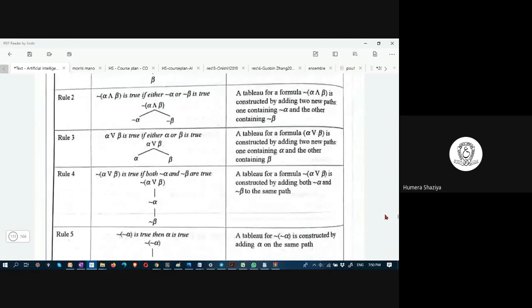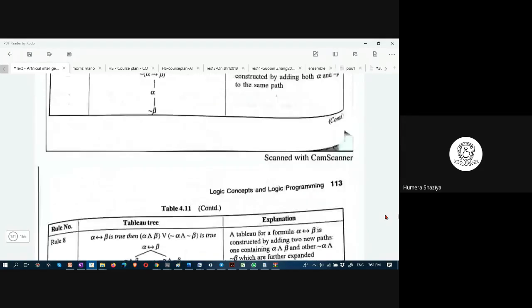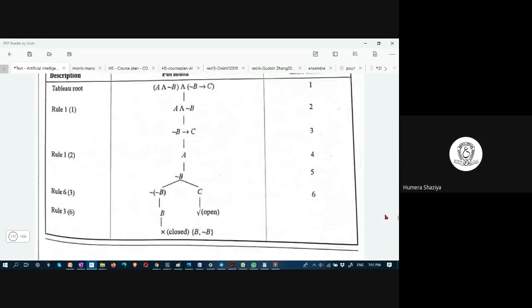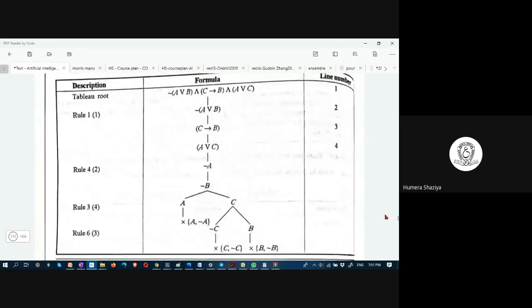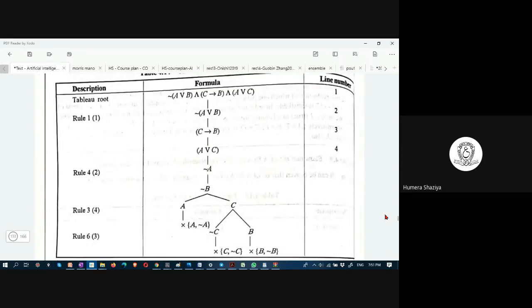Rule number 4 is: not of alpha or beta means not alpha, not beta. Not A or B is written as not A, not B. This part is mapped to this part.